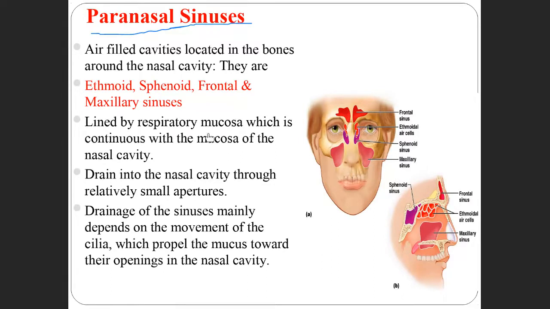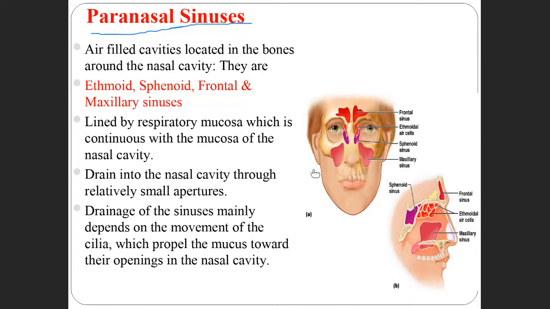So what are the sinuses? They are the ethmoidal sinus, the sphenoid sinus, the frontal sinus, and the maxillary sinus. Out of these, the maxillary sinus is the largest.